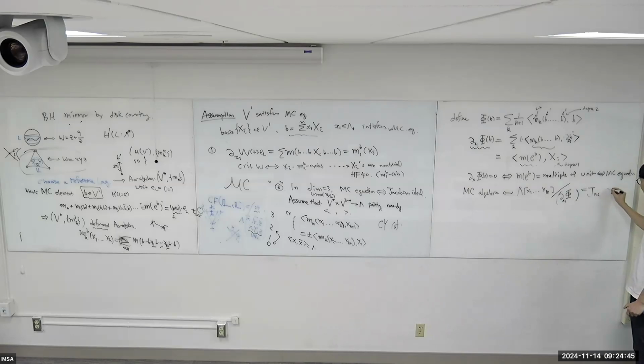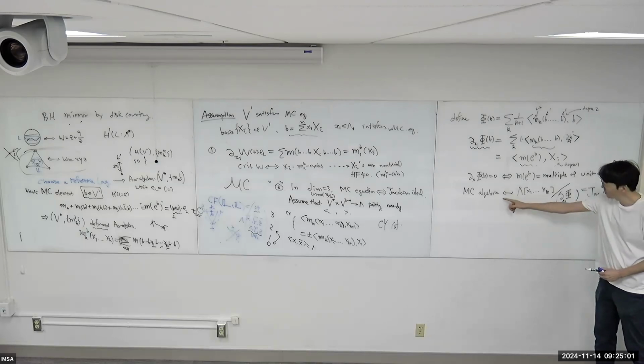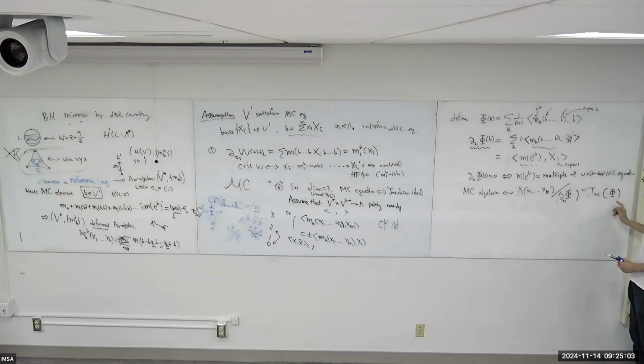This is the Jacobian. Any questions? Sometimes the Markov-Tan relation can be expressed as the Jacobian ring of another potential P.